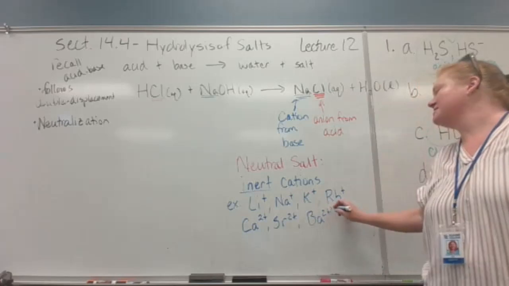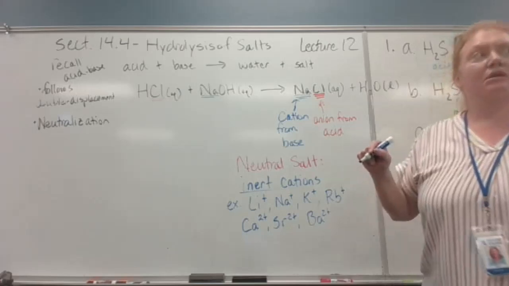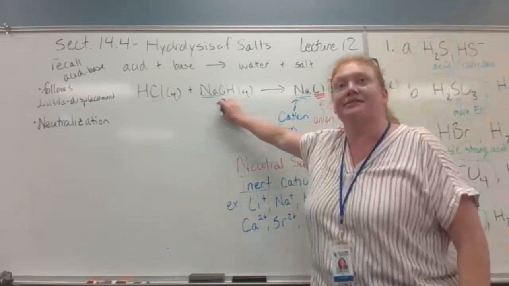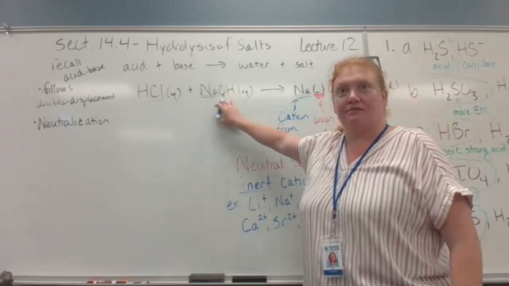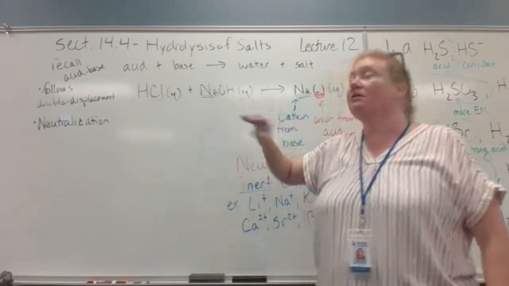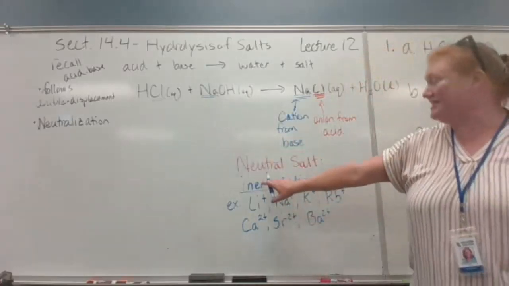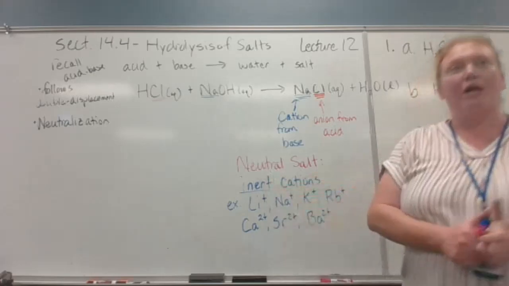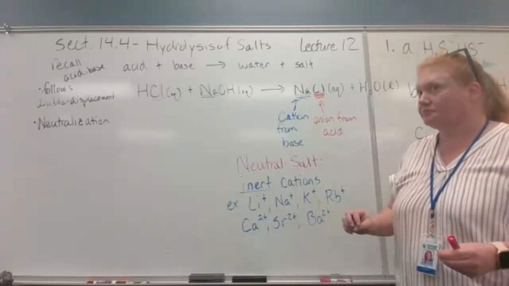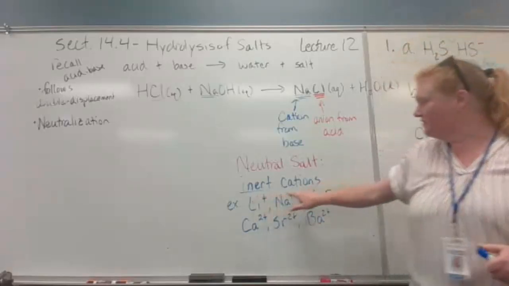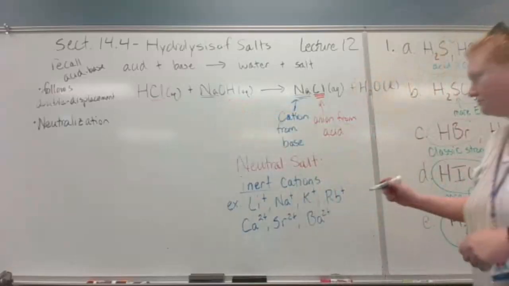What am I writing here, you guys? These are the cations that are classically paired up with hydroxides and that are strong bases. These inert cations are what are classically from our strong bases. Any of these paired with hydroxide is one of the strong bases.